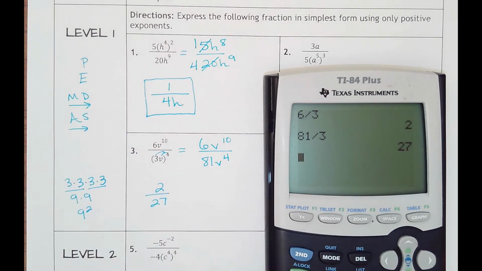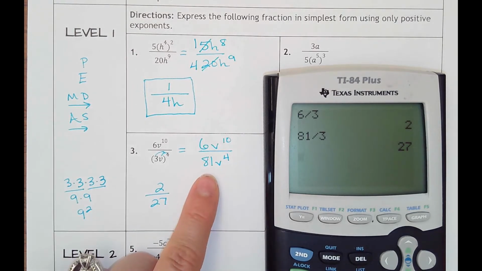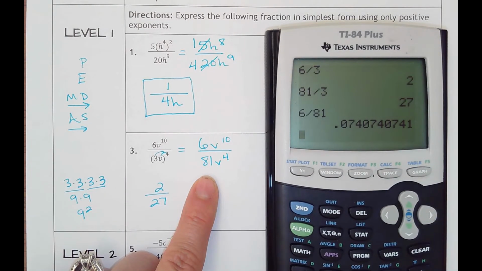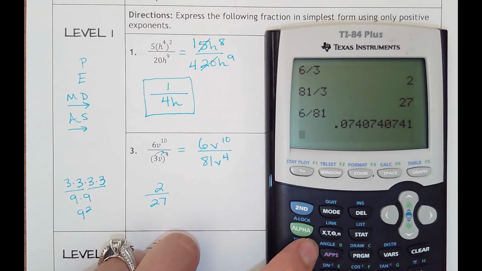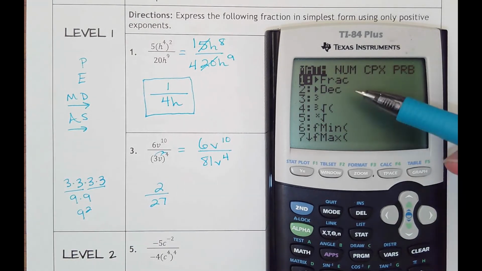But let's say you were kind of feeling lazy and you didn't know if the numbers were bigger. Maybe you didn't know the common factors. I could take 6 and then divide it by 81. Hit enter, and I'll get a decimal, and then hit math, which is right here, the 3rd button down, and your first option is to turn it into a fraction. Hit enter.